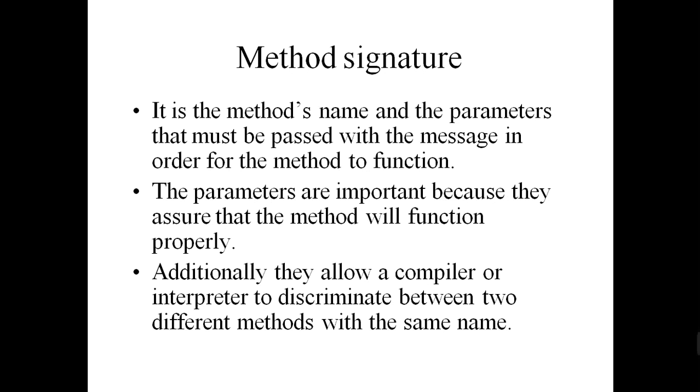Sometimes the user wants to create methods with the same method name but different parameters. In the C++ compiler, this will allow creating different methods with the same name. Okay, this is method signature.